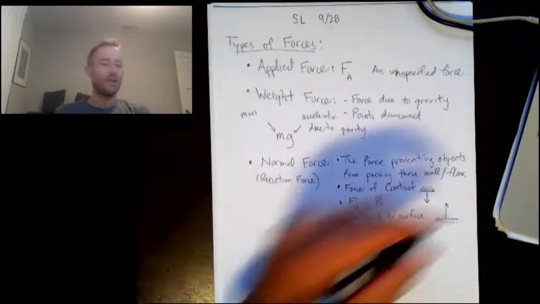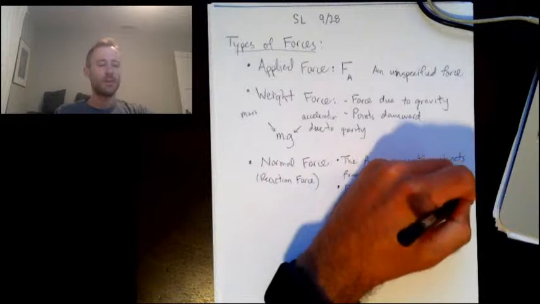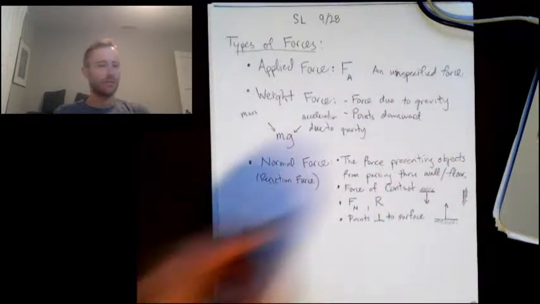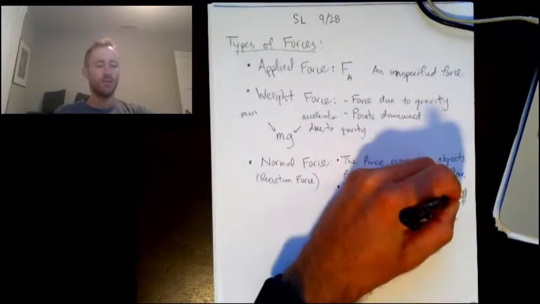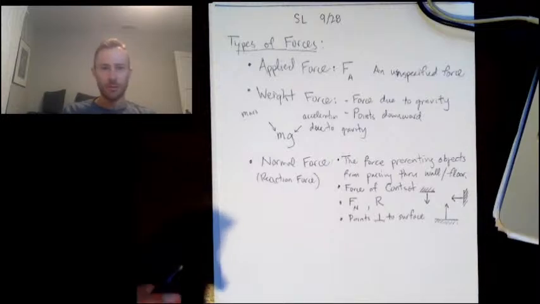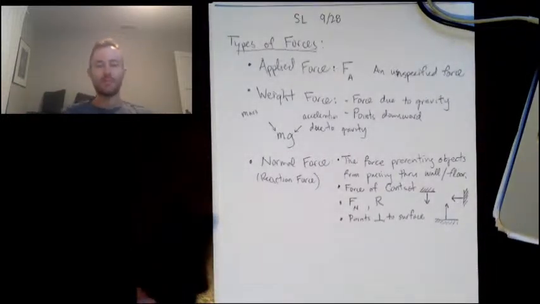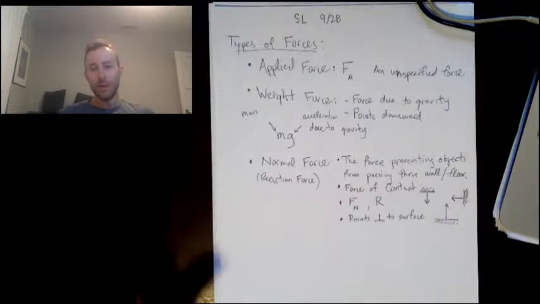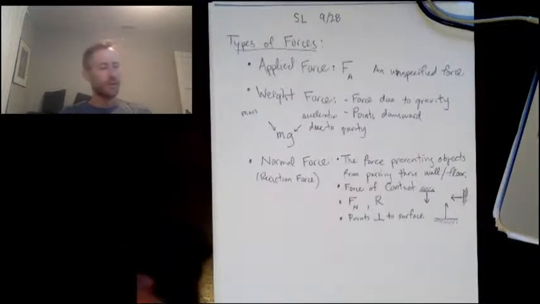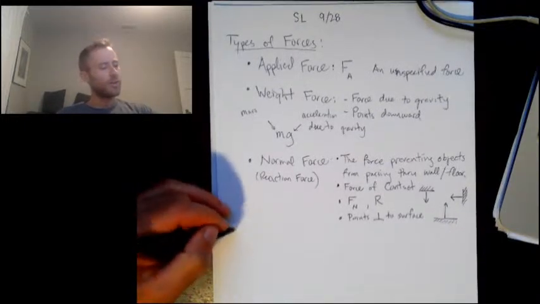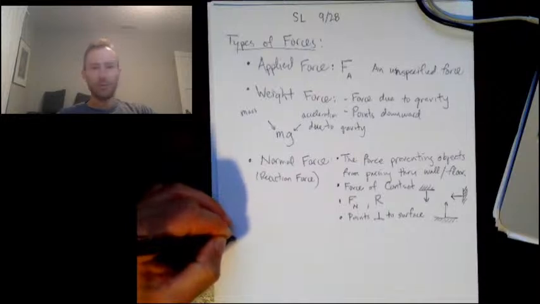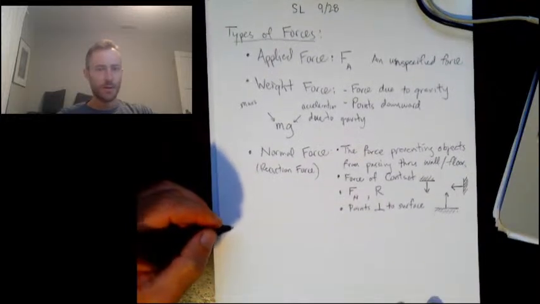If you have a wall, the normal force that the wall exerts is going to be away from the wall. So the normal force always points perpendicularly away from the surface. So we're going to do a couple of examples with normal force here.